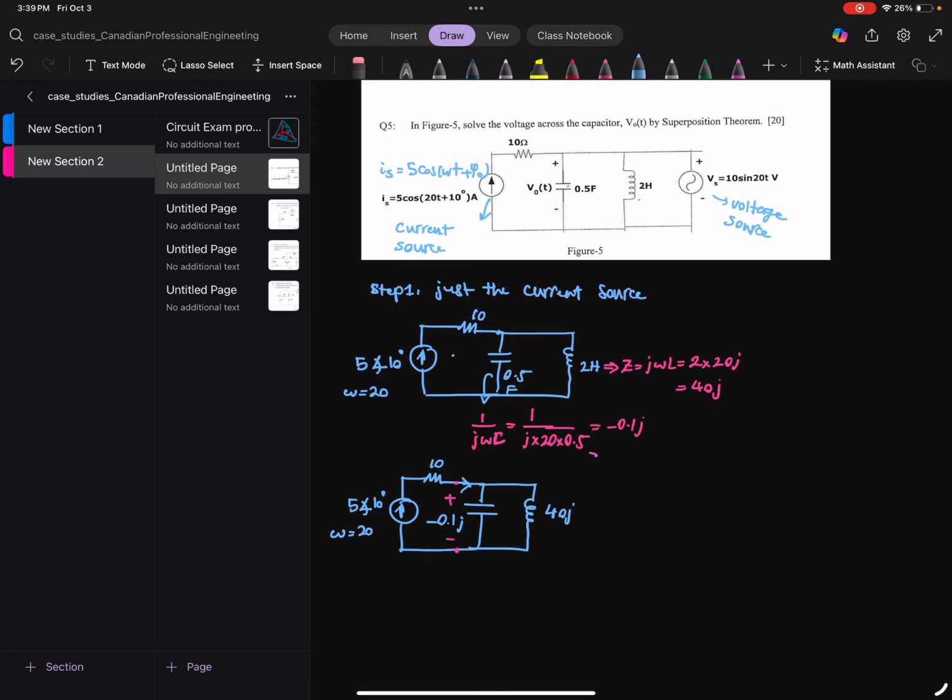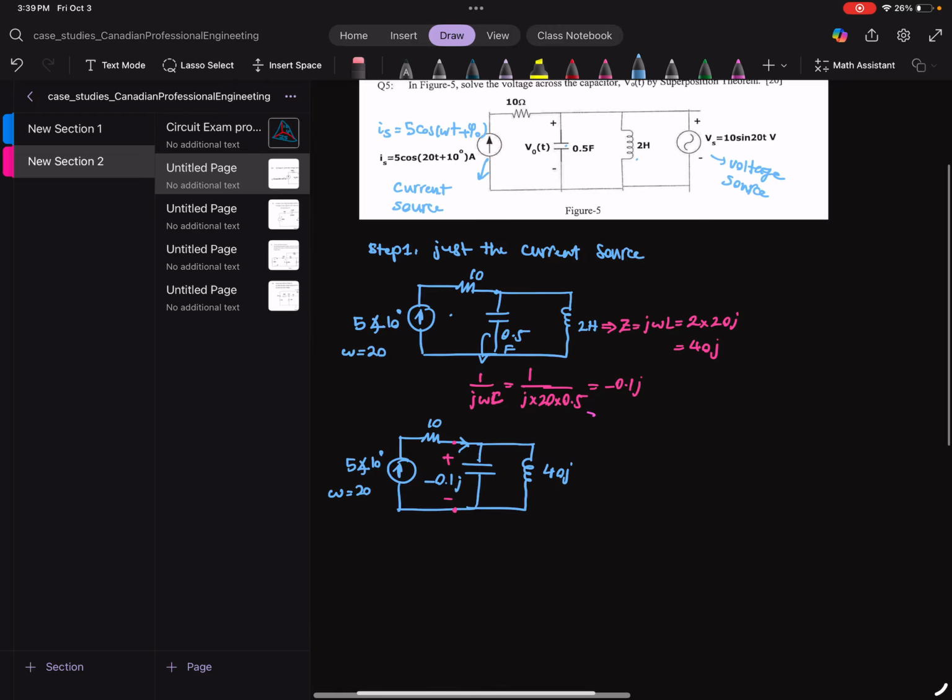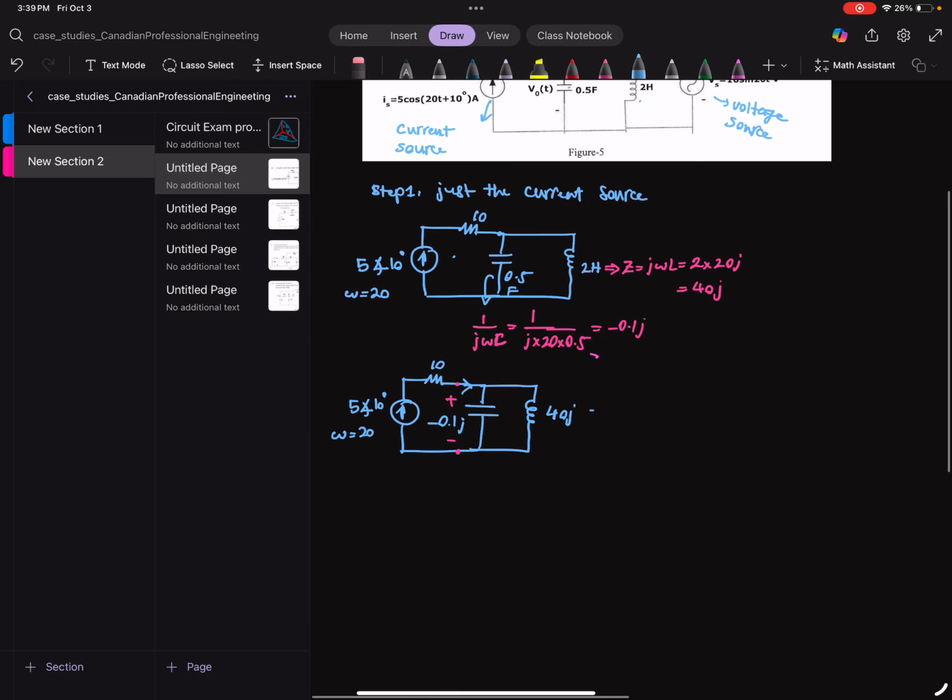Right now the inductance and the capacitor are in parallel. So we can do another replacement and say this is 5. Actually, no, we can do a current division, because this current of 5 with the phase 10 is going to go between them.